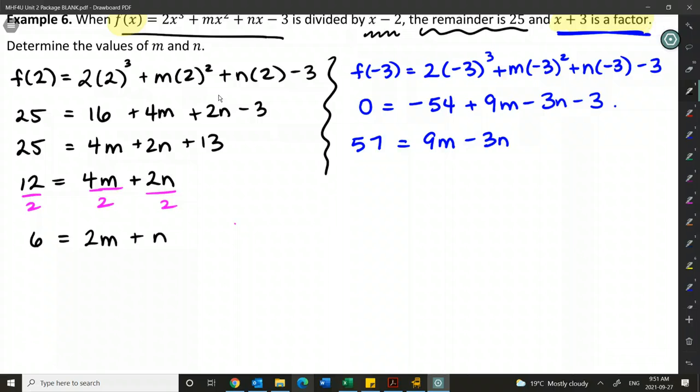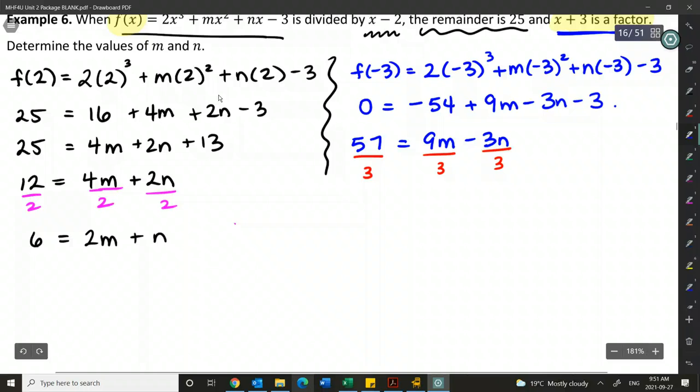And anyone noticing something that we can do with the second equation here? Okay, they're all multiples of 3. So I just like to make the equation simpler if ever possible. And I get 3m, what is this, 19? Okay, perfect, thank you. Minus n.